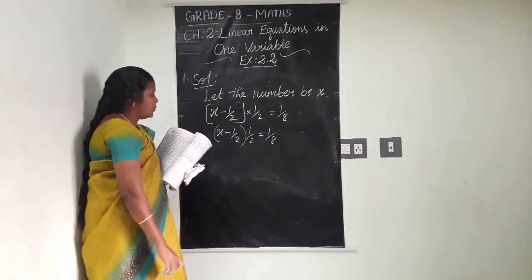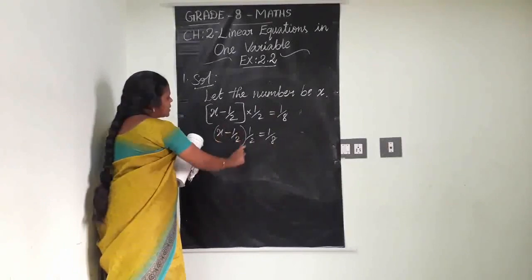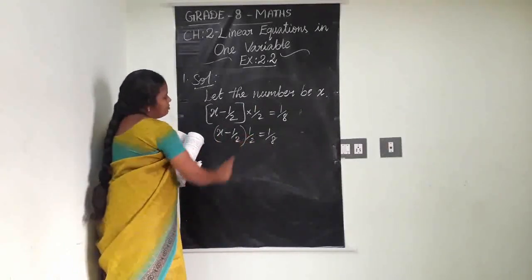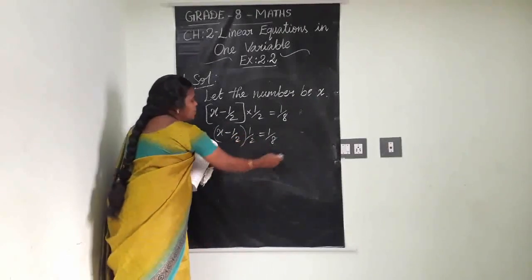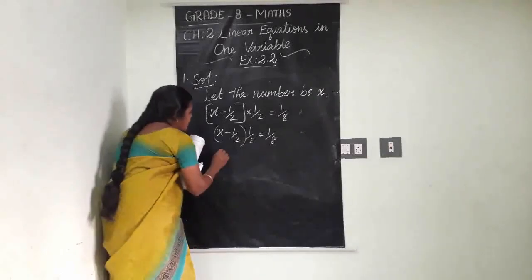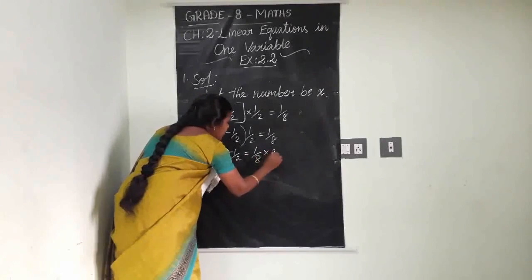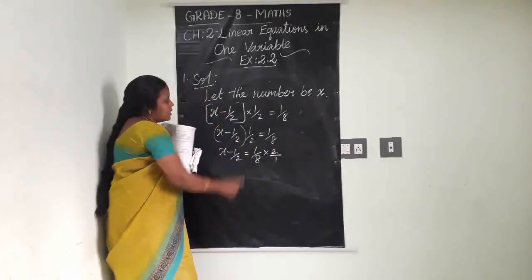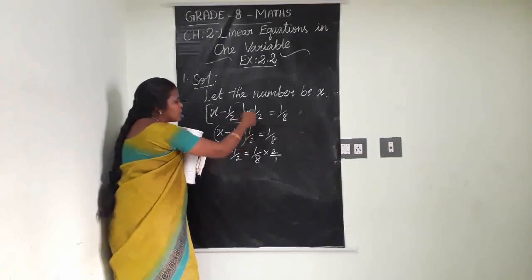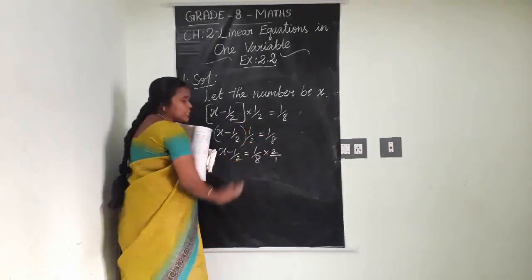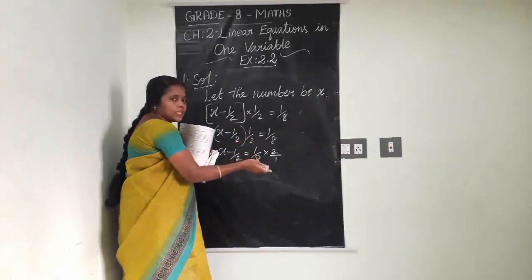So how to solve? Actually here the variable part is connected with the multiple number half. Without distributing that, we can shift this term to that side. At that time how does it go? x minus half is equal to 1 by 8 into 2 by 1. Correct or wrong? 1 by 2 is connected as a multiple. A multiple number, if you shift to the opposite side, goes to division. At division time, the fraction changes by reciprocal.